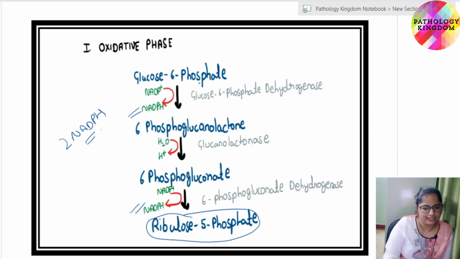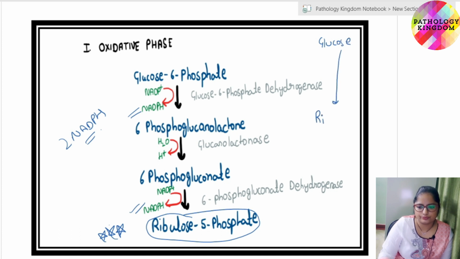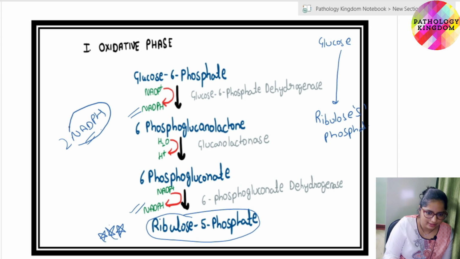Glucose 6-phosphate is converted into 6-phosphogluconolactone, then 6-phosphogluconate, and then ribulose 5-phosphate. So in this phase, glucose is converted into ribulose 5-phosphate, and there is production of NADPH.